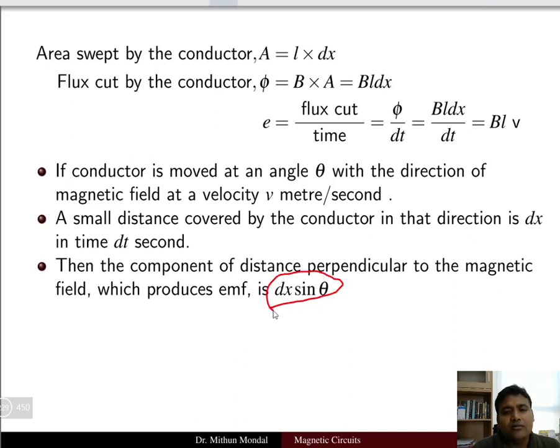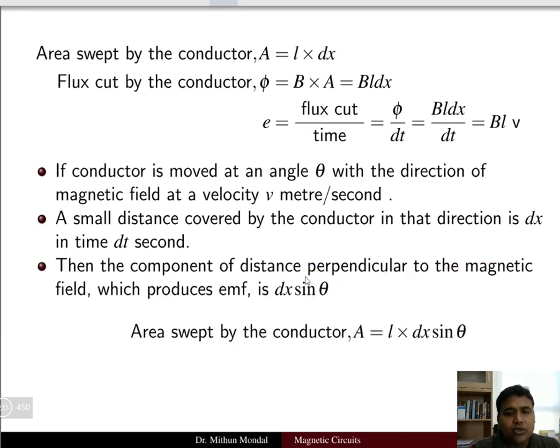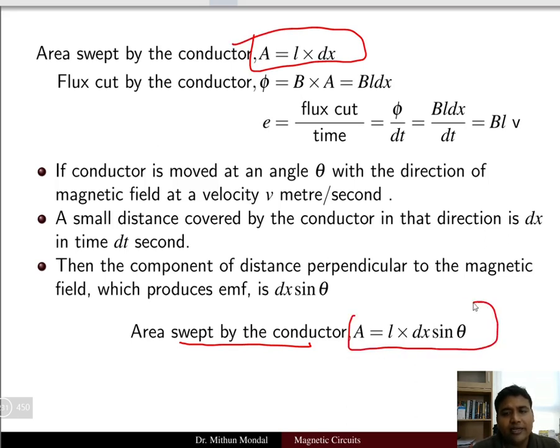So the component of the distance perpendicular to the magnetic field will produce an EMF. In this case, the area swept by the conductor, which was given by L dx, you can substitute as A equal to L into dx sine theta, whereas dx sine theta is basically the component of the distance perpendicular to the magnetic field.